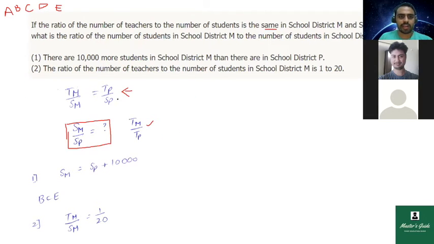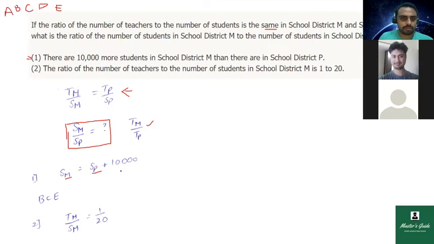Now I've got a hang of what is being asked and what I already know. I'm going to the first statement. First statement tells me that in school district M, there are 1,000 more students than in school district P.